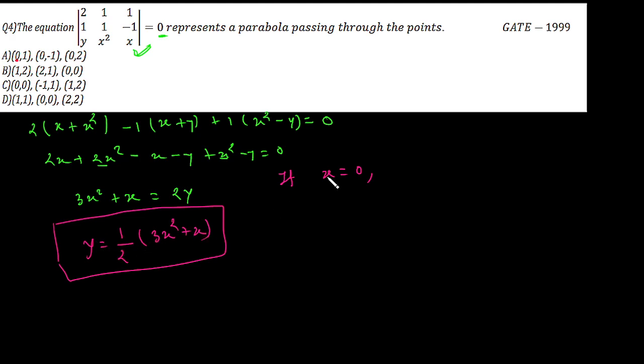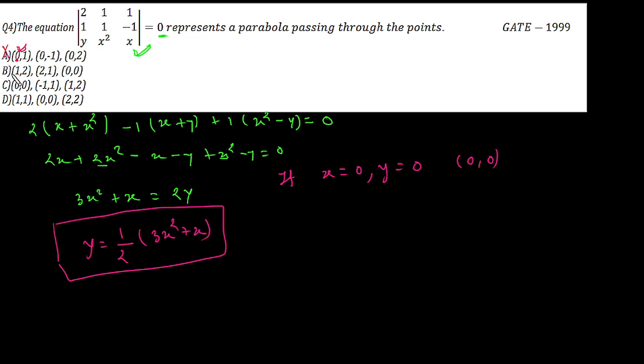Simply y will also be 0 if x is equal to 0. So this is the point which lies on this parabola. But in option A, it is given that if x equal to 1, then y will be 1. But here we are getting 0 for x equal to 0. So option A is not correct because this first coordinate does not lie on this parabola.